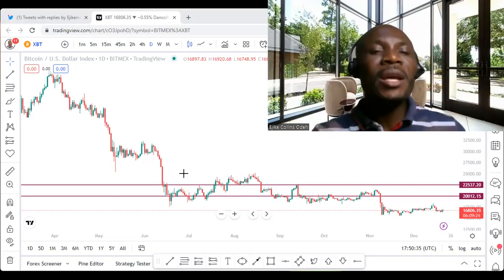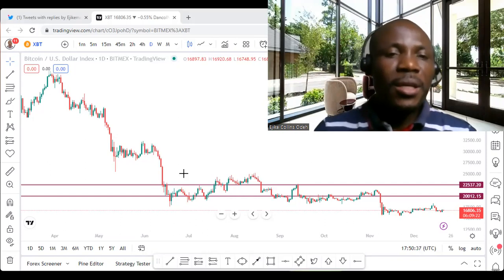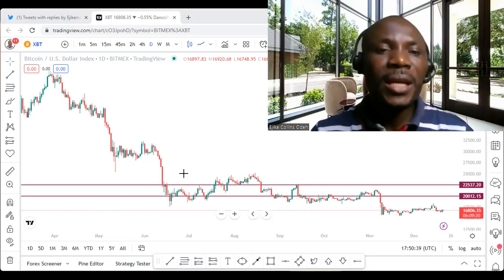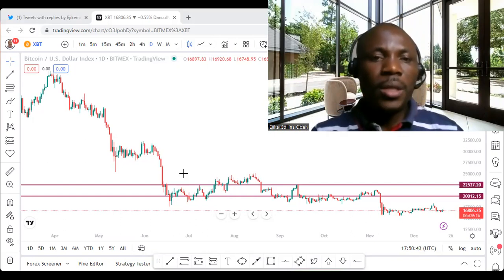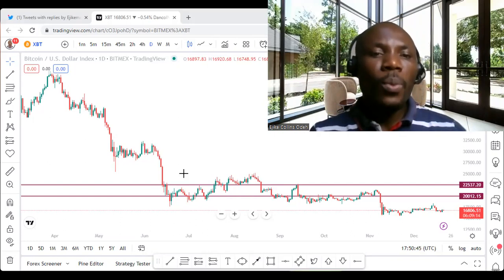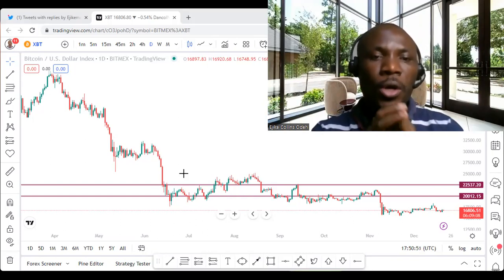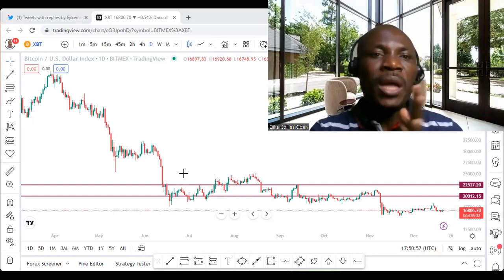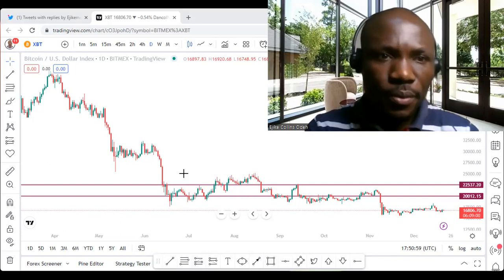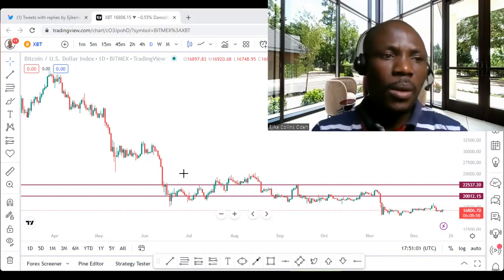Even if you are trading the volatility index, boom and crash, it's still the same tools. But how then do we identify when a reversal is about to occur? That is what we'll be looking at in the few minutes we have together.